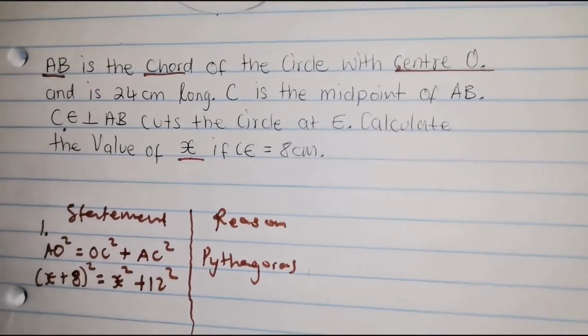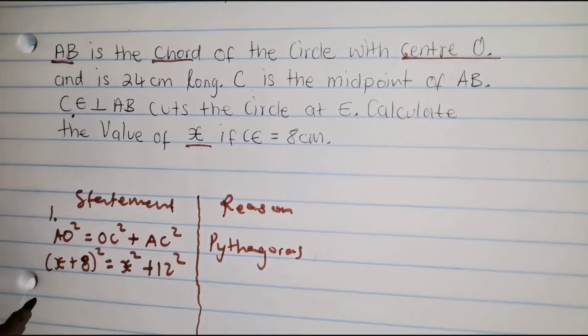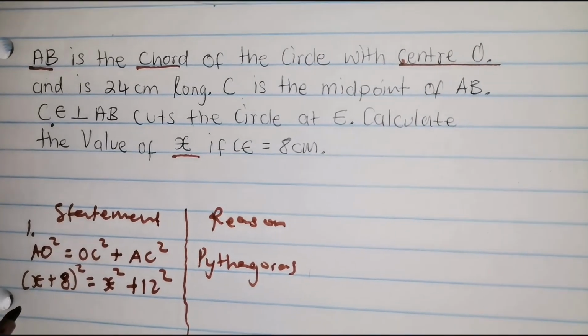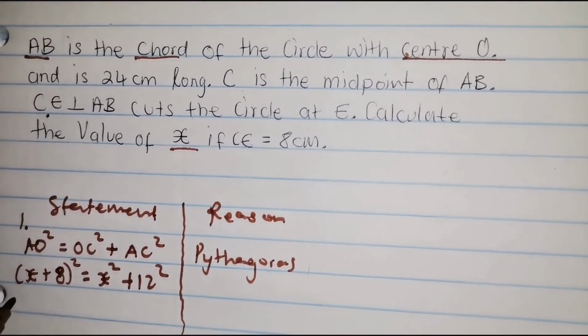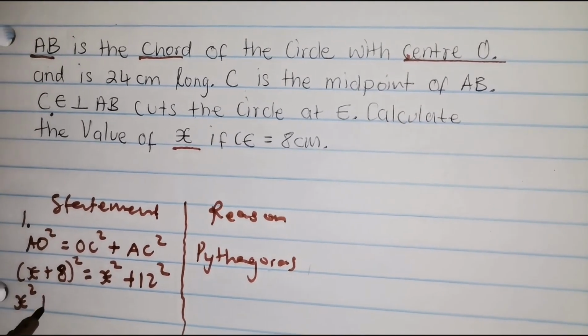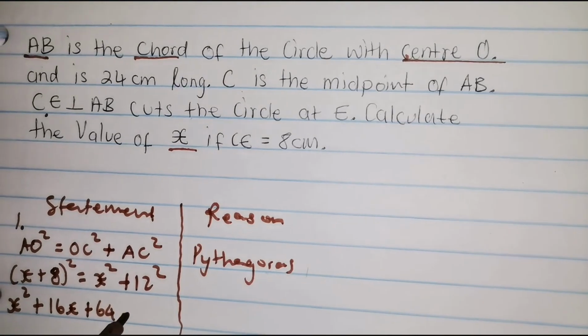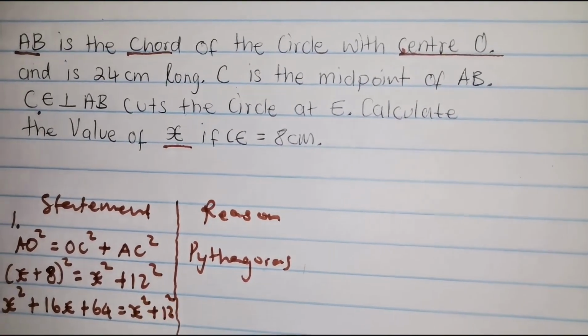When you expand x plus 8 squared using the FOIL method, multiplying the two brackets out, you are left with x squared plus 16x plus 64 equals x squared plus 12 squared.